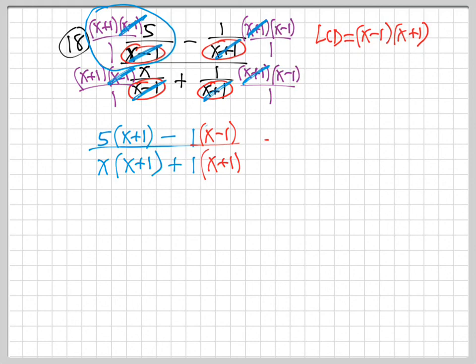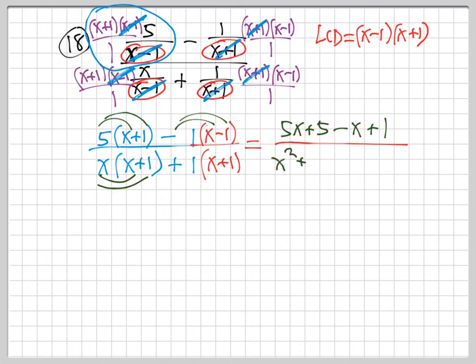What do we do? Well, we have to gather like terms. There's like terms here. So in other words, I have to multiply that 5: 5x plus 5. I have to multiply that minus 1: minus x plus 1. I have to multiply that x: x squared plus x. I have to multiply that 1. Does that make sense? Just multiply that all out.